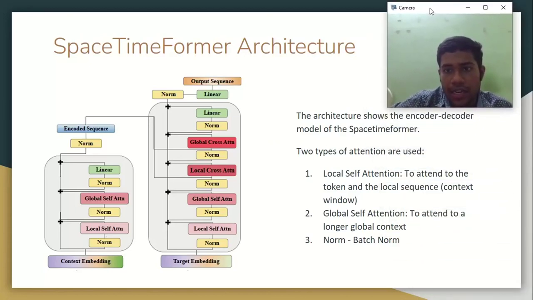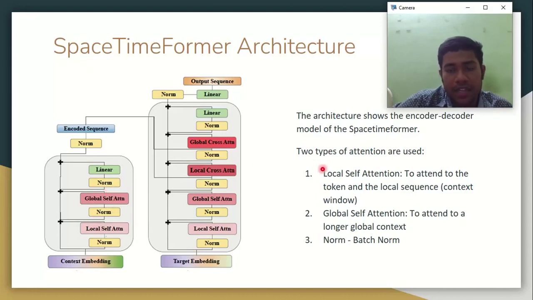So this is the general architecture of Spacetimeformer. On the left-hand side we can see the overall architecture. It resembles the transformer architecture and some variants of it. But here we have different kinds of self-attention called local self-attention and global self-attention.